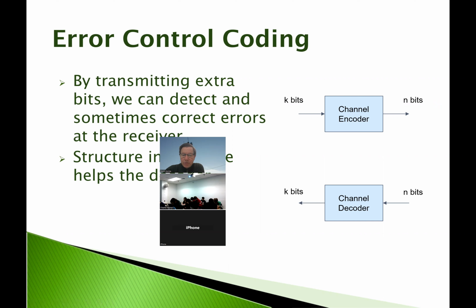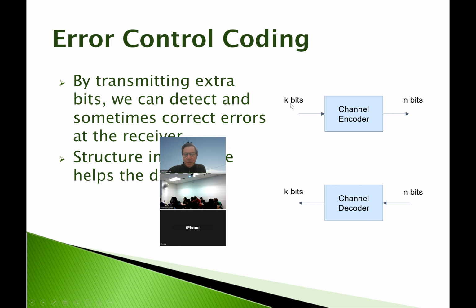A particular code has a set of code words, but they're not totally inclusive of all the available digital words, right? So we have K bits coming in and N bits coming out, and N is larger than K. All we need is a code word that corresponds to each of these K-bit messages.